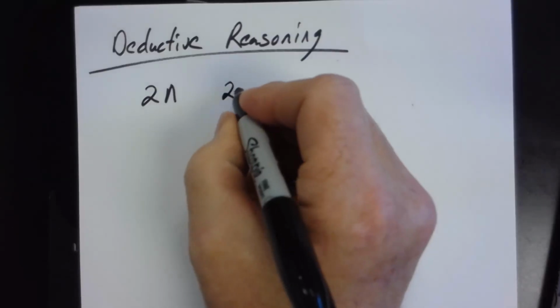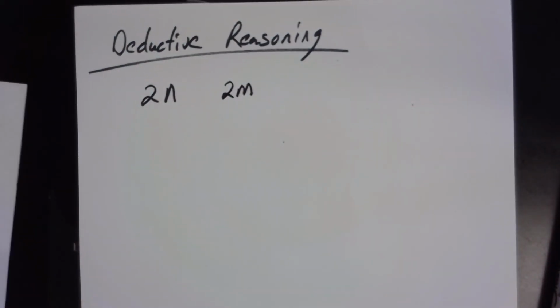Right, West? Yep. Thought I was right. Okay, so I need some other even number. Don't have a lot of imagination, so I'm going to go with 2m. There's another even number, isn't it? Tatum? 2m has to be even, doesn't it? Okay, and what was my conjecture?